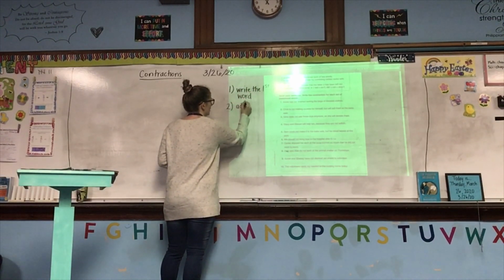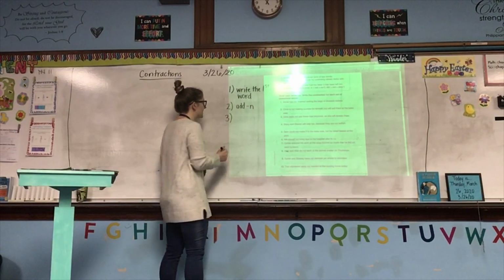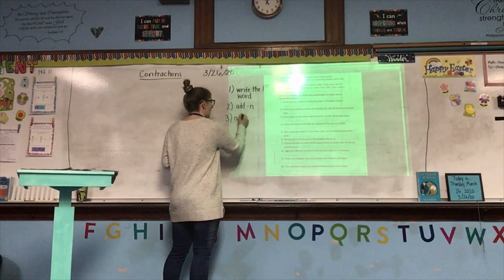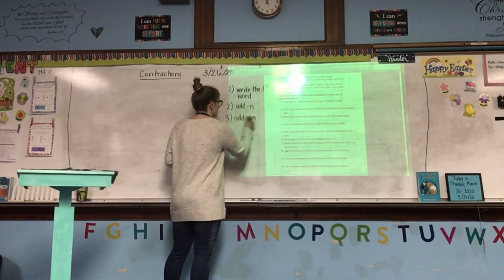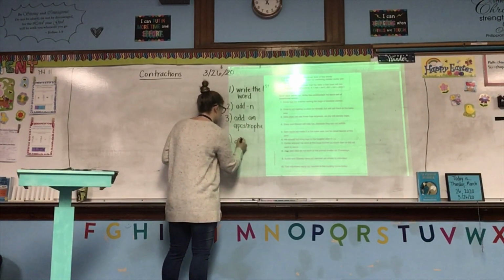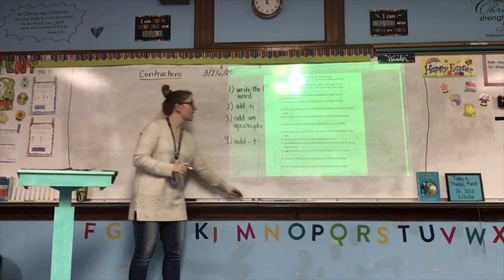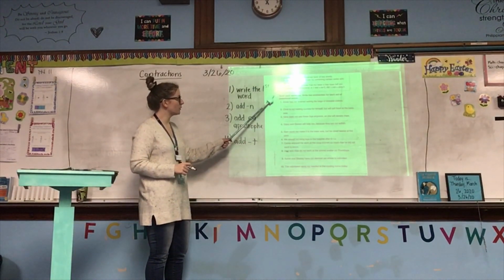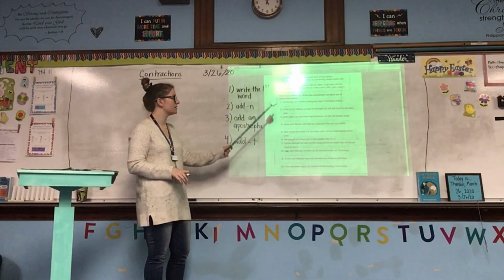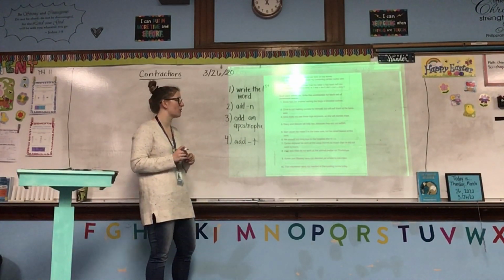Step 2, add the letter N. Step 3, add an apostrophe to replace the O. And step 4, add the letter T. So, number 1, what we're doing is we're reading each sentence and writing the contraction for each set of underlined words. So, number 1, Annie has not finished sorting the bags of donated clothes.